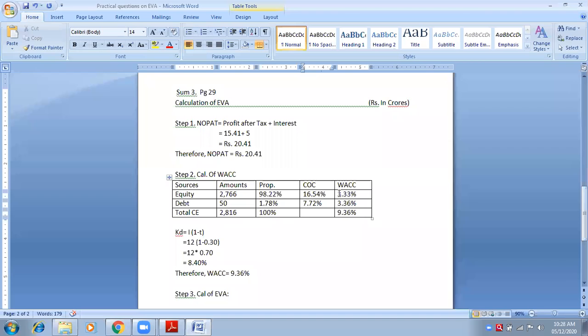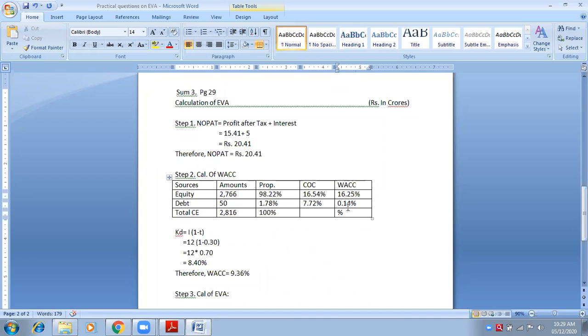Can you tell me what is WACC? First, how do we calculate the first one? It is 98.22 into 16.54 percentage, which is 16.25. Next would be 1.78 into 7.72 percentage, proportion into COC, which is 0.14.